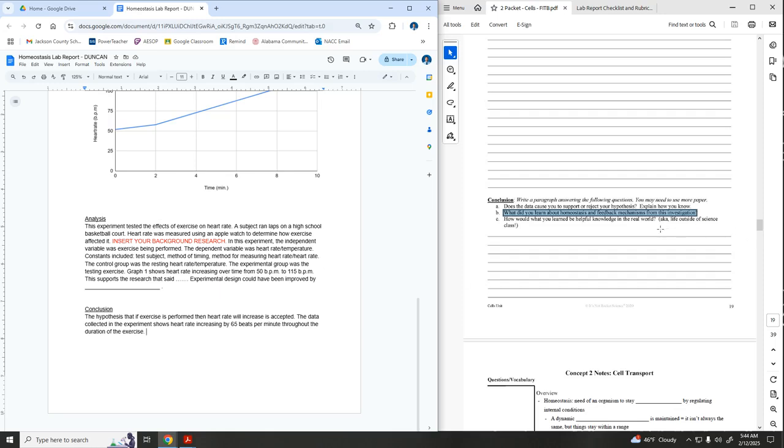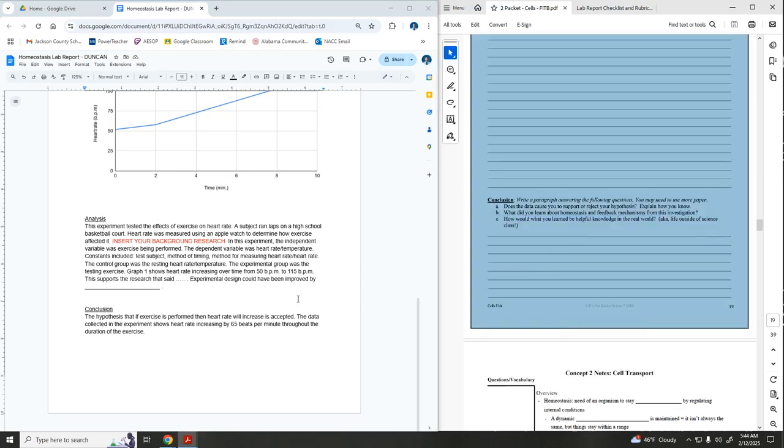How would what you learn be helpful in the real world, aka life outside of science class? So that part there's tons of applications. How to cool off if you get too hot, if you do temperature. How to make sure that you do not become hypoxic or have too low of oxygen levels when you're exercising. Ton of applications here. You tell me a way that this could be applied in the real world.